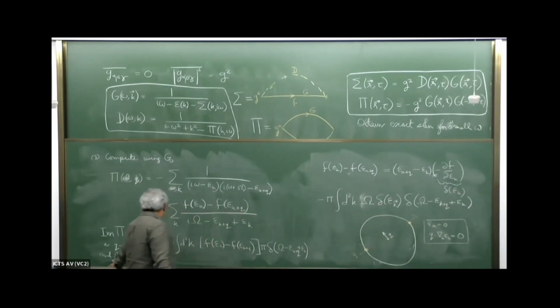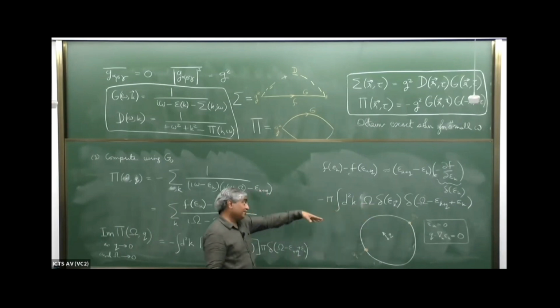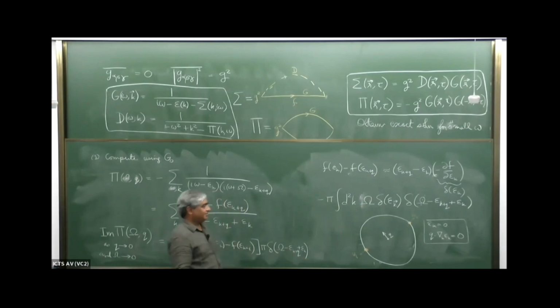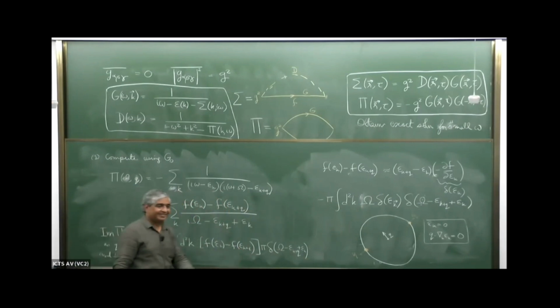Because I want to look at the leading behavior as omega goes to 0, and you already have an omega, it's already linear in omega, so any corrections will be higher order in omega. In fact, it doesn't make a correction at all, but just to make my life simple. You can put it back in, that's a homework problem for you.